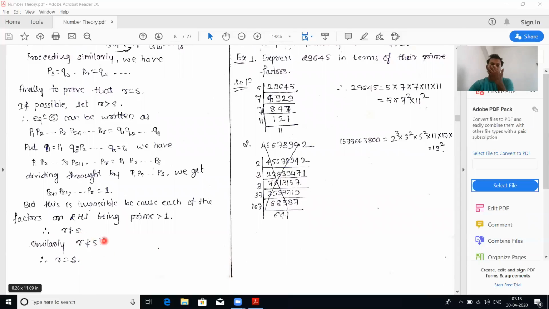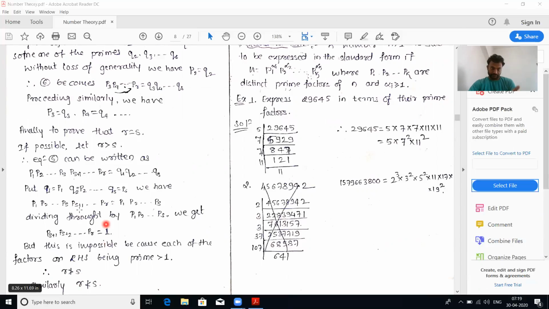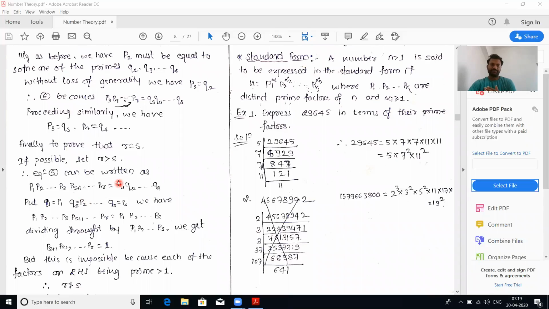Similarly, R less than S is also not true. See what will happen in that case. If you take R less than S, then in this equation on the left side we get P1, P2, P3, and so on up to PR, and on the right side Q1, Q2, Q3, up to QR, QR plus 1, QR plus 2, and so on up to QS, because R is less than S. Again, we replace, and the left side terms P1, P2, up to PR get cancelled.